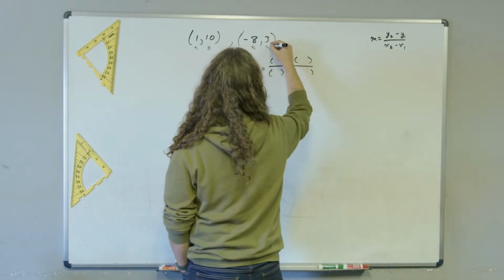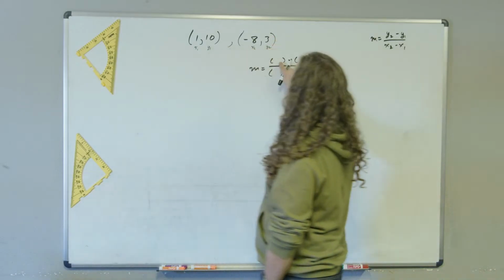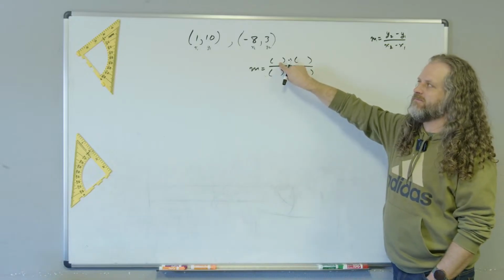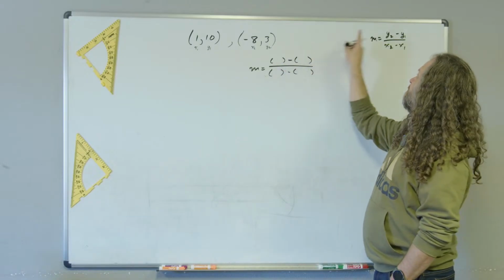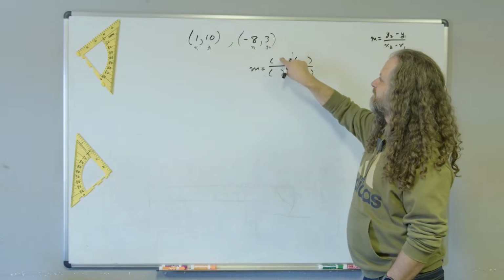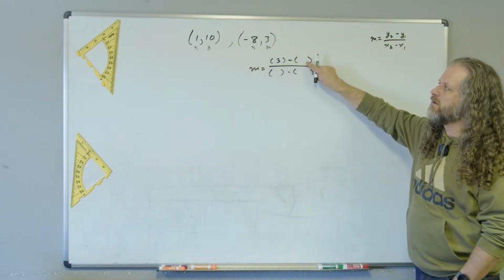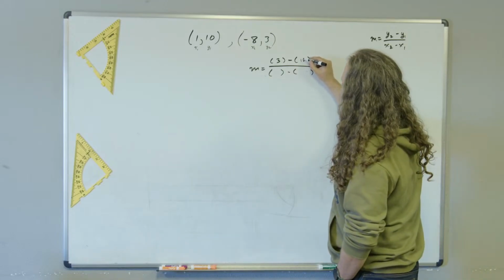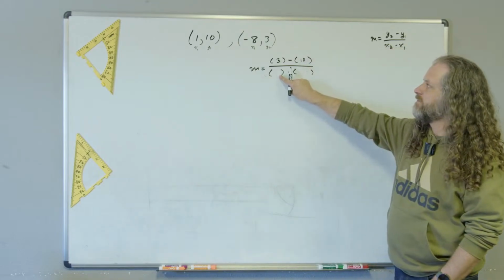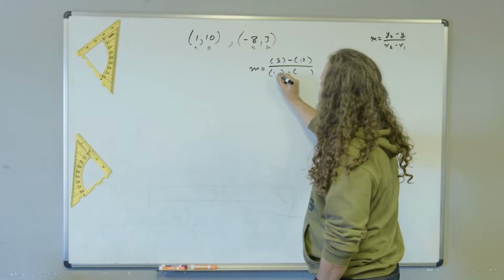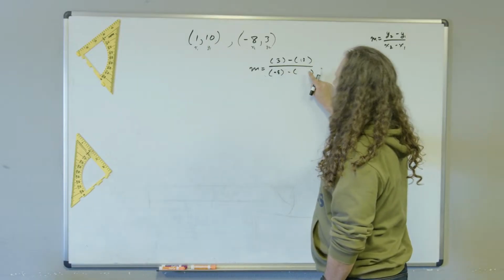Y2. What's going to go right there? Y2. 3. Oh, wait, 2. Yeah. Y2. What's going to go right here? 10. What about this one? 1.